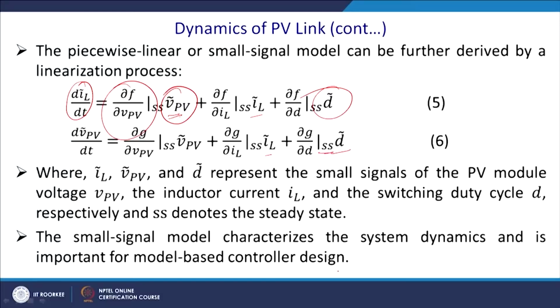That means you are not accounting for any transient, because when you refer to the transfer function, you always refer to the steady state value. The small signal model characterizes the system dynamics and is important for model based controller design.